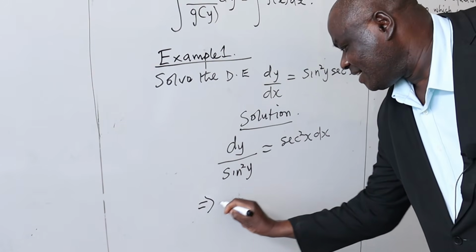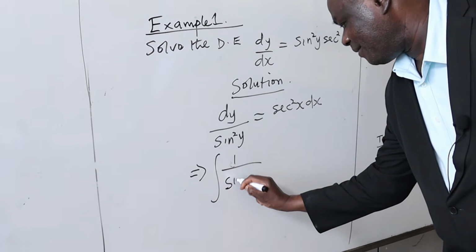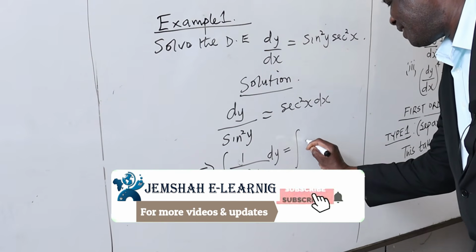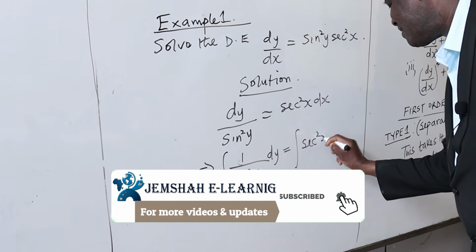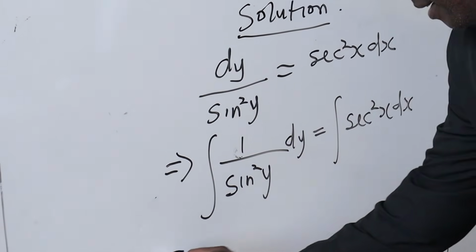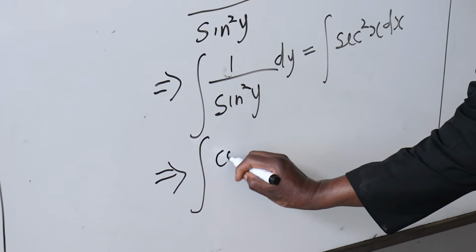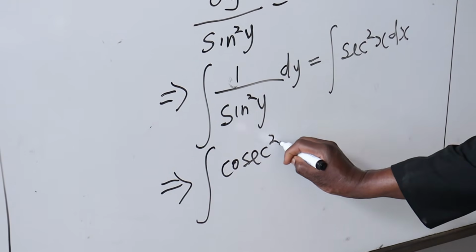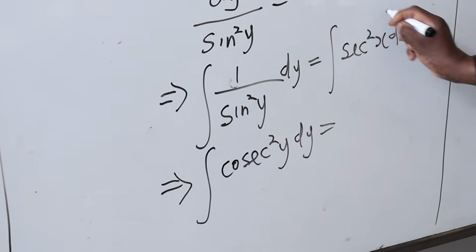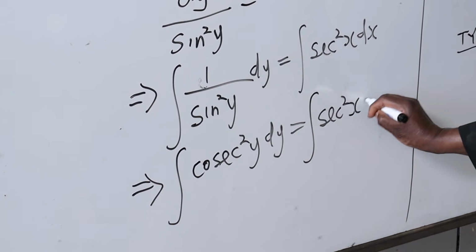This implies the integral of 1 over sin squared y dy is equal to the integral of sec squared x dx. Now, 1 over sin squared y is cosec squared y.